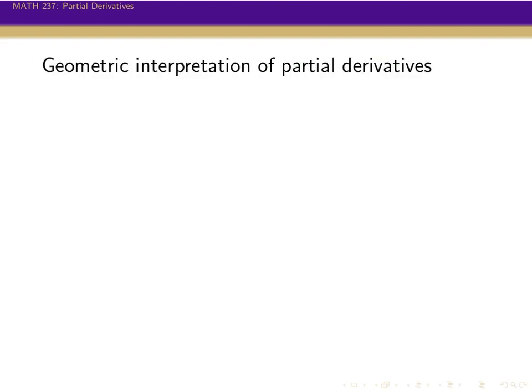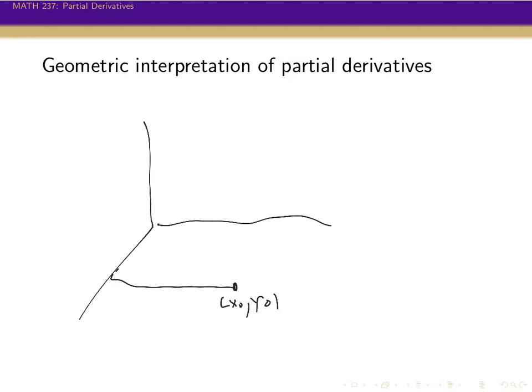Okay, so geometrically, what are we doing in these partial derivatives? So let's draw out a quick plane, pick our point. Let's call that x naught, y naught. Let's say that we have some surface over that point, and that's our point on the surface. So when we're doing the partial in terms of x, that means that we are treating y as a constant, right?